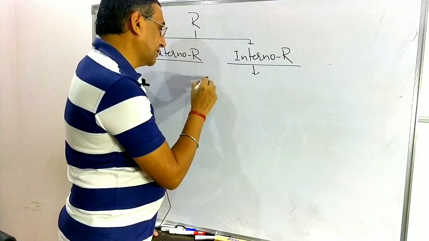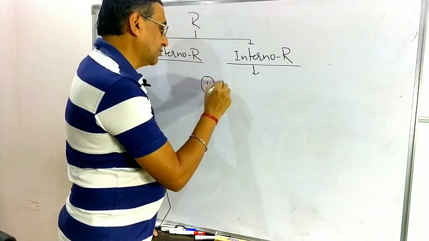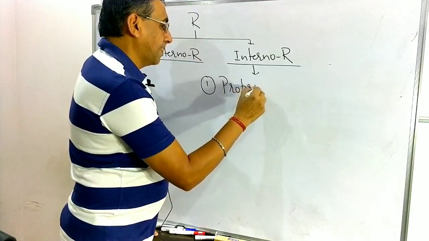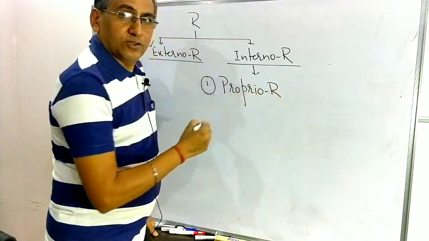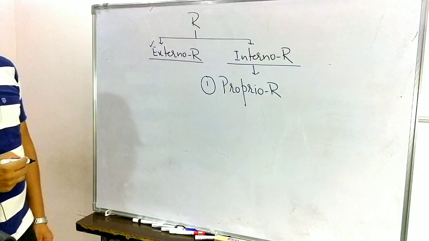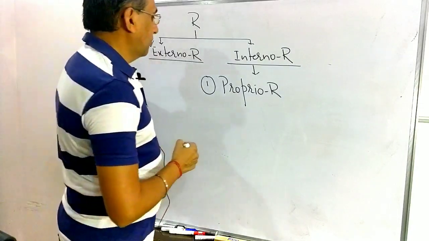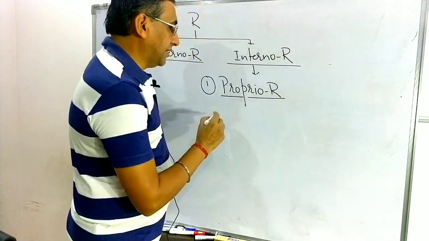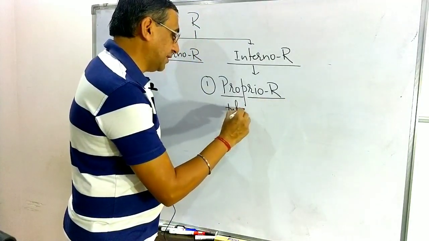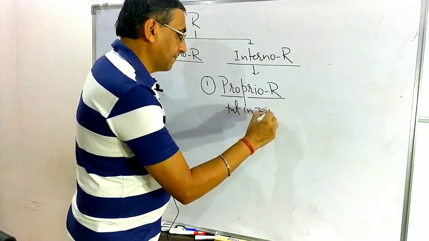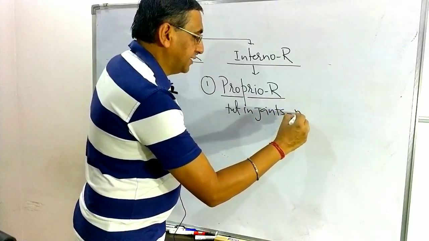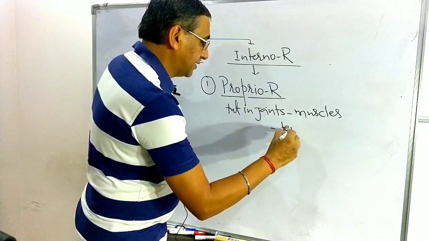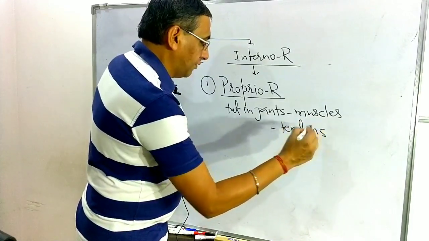Related with the internal receptors, the first one is known as the proprioceptor. Where is the proprioceptor present?